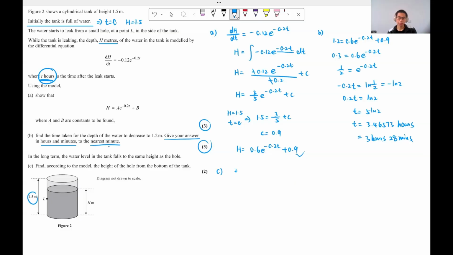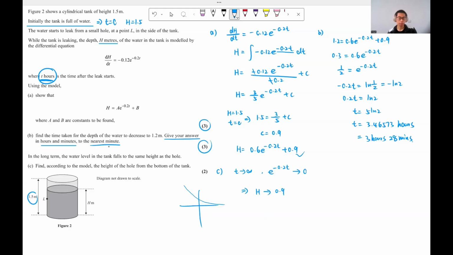So if we let t go to infinity, that means e to the power negative 0.2 t will go to 0. So as t gets bigger, it'll get smaller and smaller, eventually tending to 0. So h should turn into 0.6 times 0, which is just 0, plus 0.9, which is just 0.9.